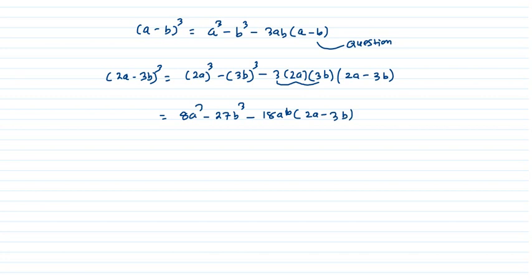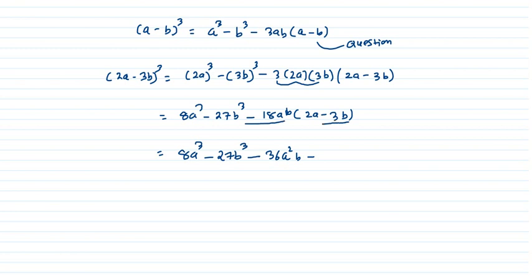Now last step, 8a cube minus 27b cube minus... here you have to be a little careful. This is minus 18, 2 3s are 6, 2 6s are 36. Okay, a square, a into a square b. Now here 90% people make a mistake, because they write minus, but no, this is minus 18ab into minus 3b.